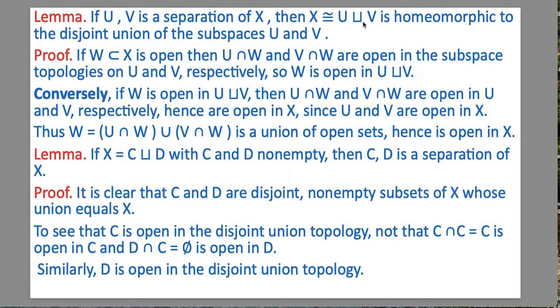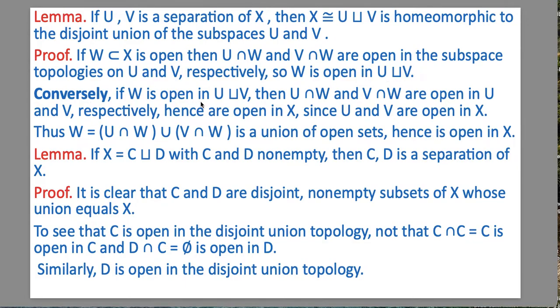It means U union V is homeomorphic to the disjoint union of subspaces U and V. If W is a subset of X and W is open, then U intersection W and V intersection W are open in the subspace topologies on U and V respectively. So W is open in the disjoint union of U and V.